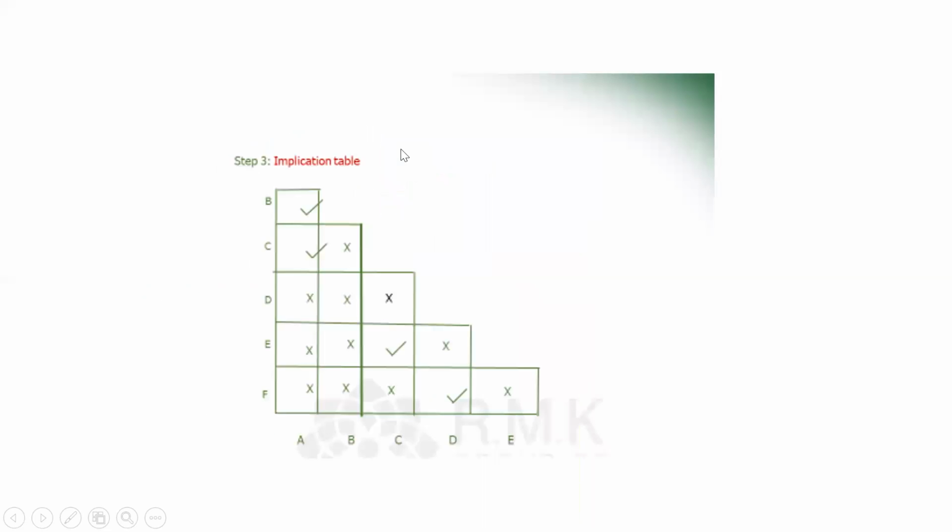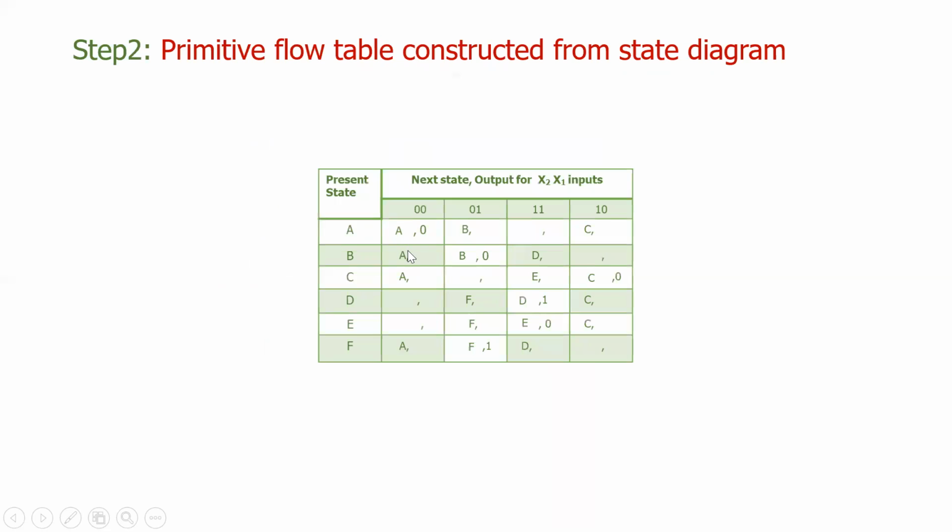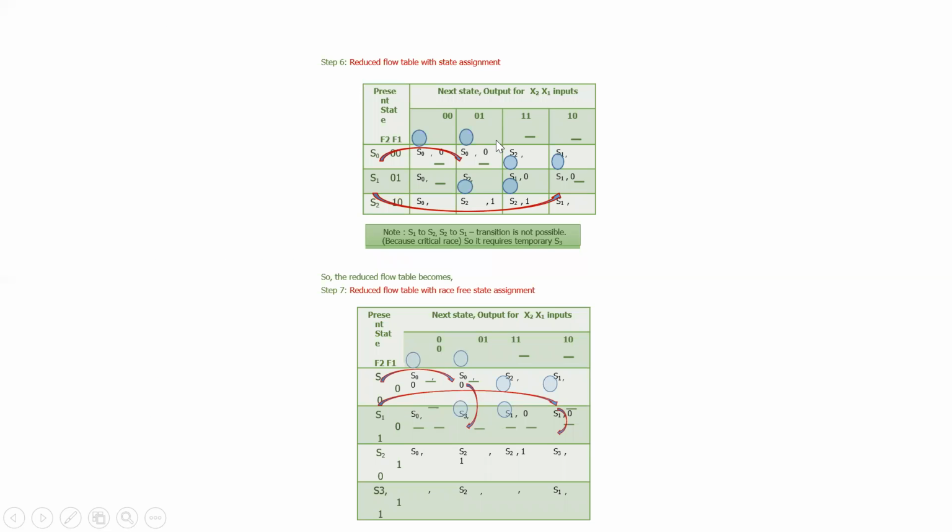So after giving the input, what is the next state? The next state is A here, B is nothing but A, here D, D is nothing but C, C, and here C. So now A is nothing but S0, C is nothing but S1, D is nothing but S2. Like this we have to complete this reduced flow table with state assignment.